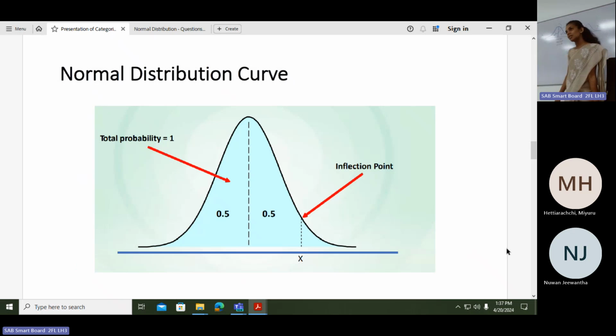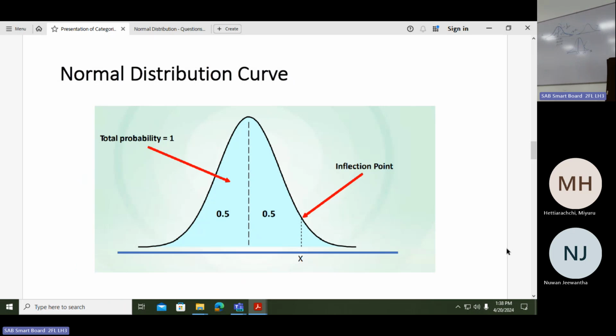Another special thing here is that in the discrete probability distribution, we can get the probability value for x equal 1, x equal 0, x equal 2. We discussed the previous example of tossing a coin twice. When x equals 0, the probability value is 1/4. When x equals 1, the probability value is half.